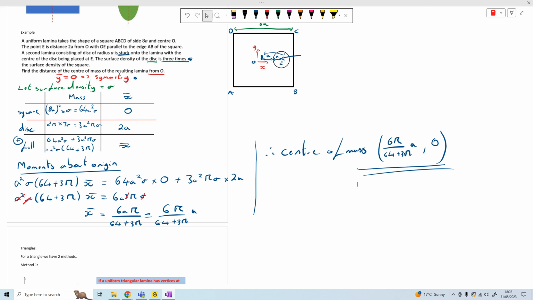So that's taking moments. That's the idea, that when we take moments, the moments for the lamina should equal the total moments of each shape.